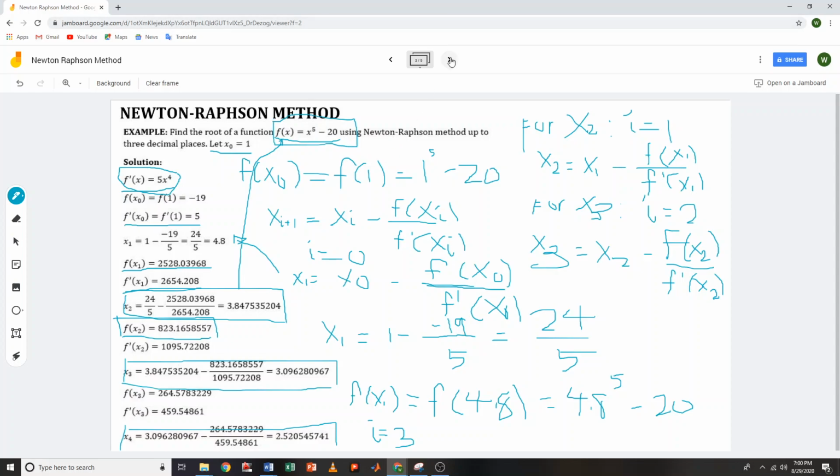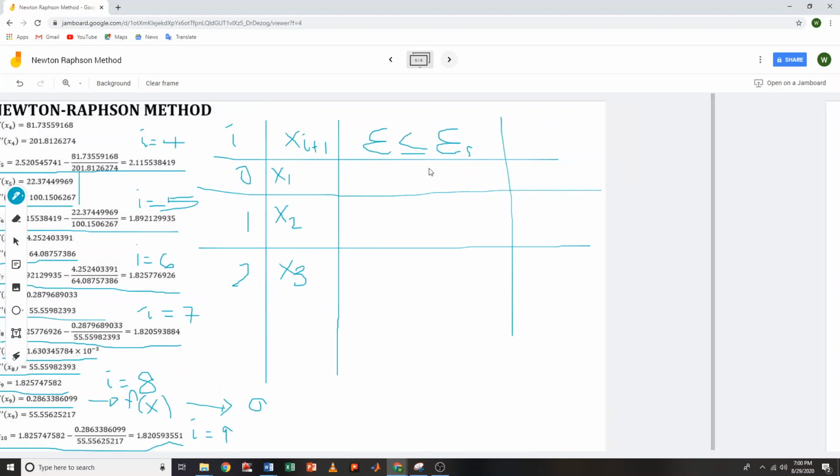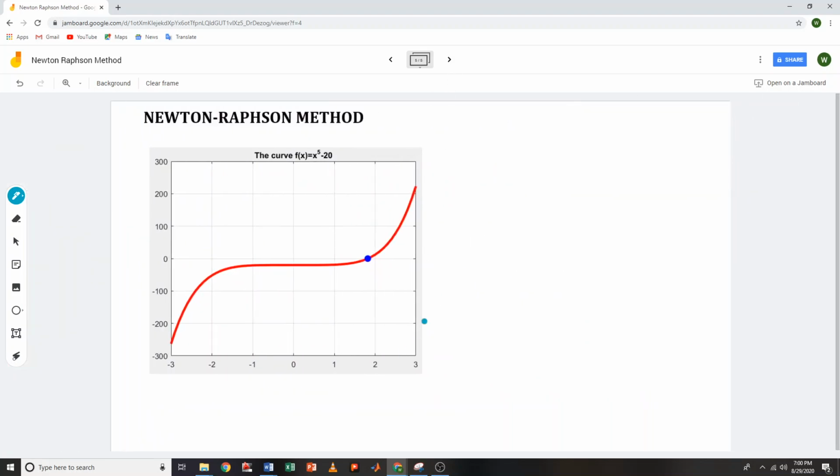So the root we have found is the one real root of this function. The other roots of this function may be determined by using a different initial guess. In the next slide, I have graphed this in MATLAB.